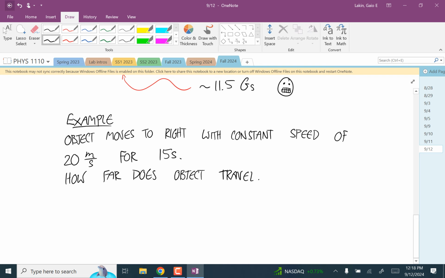Okay, well, I want to point out that this is a calculation that you've done before. You have an intuitive idea of how to do this, and your intuitive idea is probably right. But I just want to show that in a simple case of constant speed motion, these constant acceleration equations reduce to the way you would do this calculation.